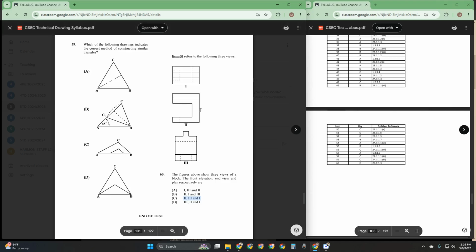I can see that if you're looking at the front from the right hand side. And this is the plan. 1 is the plan. Yeah. C makes sense. All right.